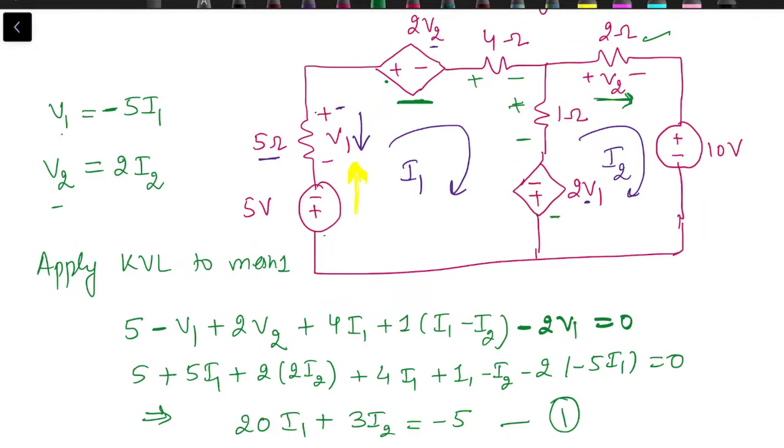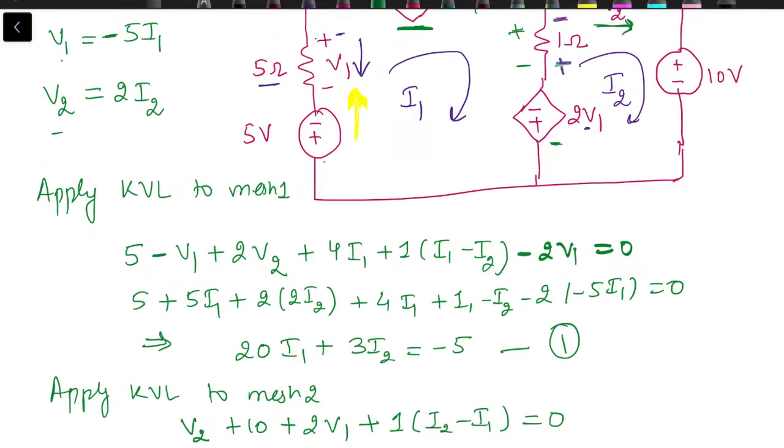Then we have this voltage source. Again positive sign is coming first, so plus 2V1. Now we need to assign the voltage polarity across this 1 ohm resistance as per the direction of I2. So this terminal will be positive and this will be negative. When we write the equation over here, it's plus 1 into I2 minus I1 equal to 0.